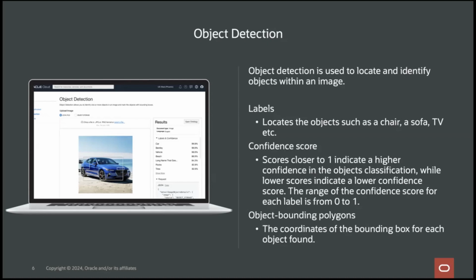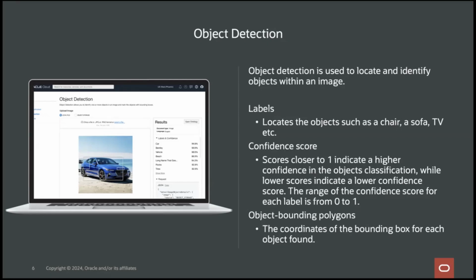The results that the object detection module will give at the end start with something called a label. A label is nothing but the object name that has been detected out of that specific image. It may be a chair, a sofa, or a TV, or in this case, a car.